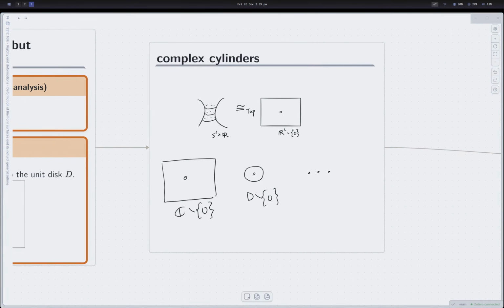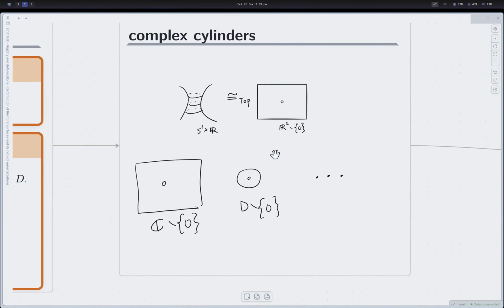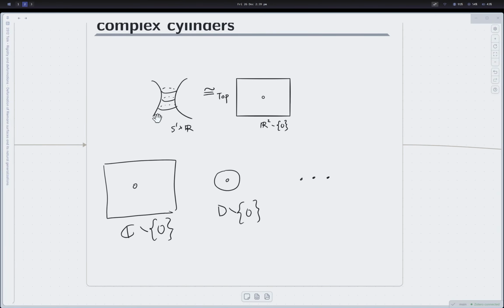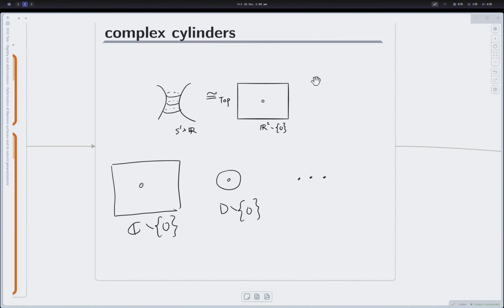A cylinder is a smooth manifold defined to be S1 cross R. So this is the R direction, this is the circle direction, and we can show its topology. It's not even just homeomorphic, it's diffeomorphic to the open subset of R2, which is R2 minus a point, minus 0. So given this diffeomorphism class, how many Riemann surface structures does it have?